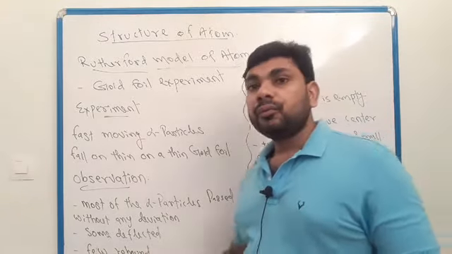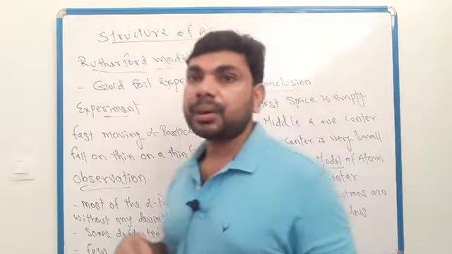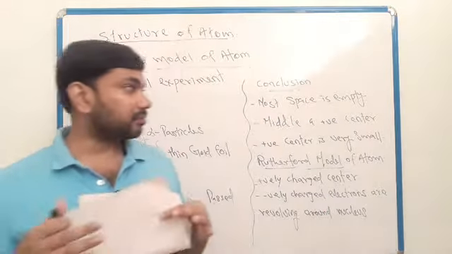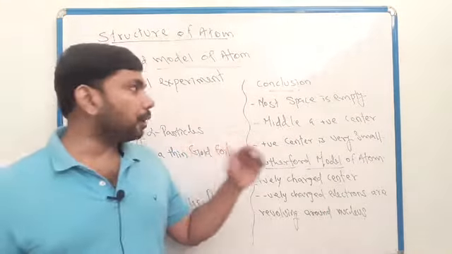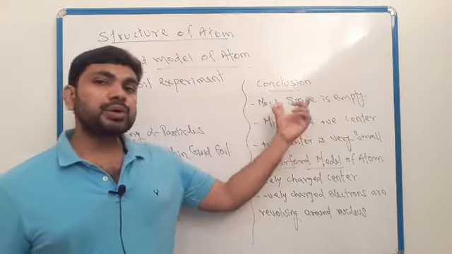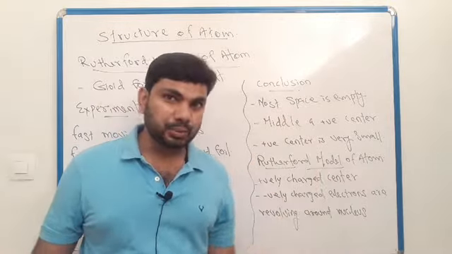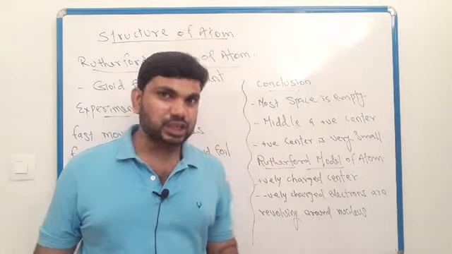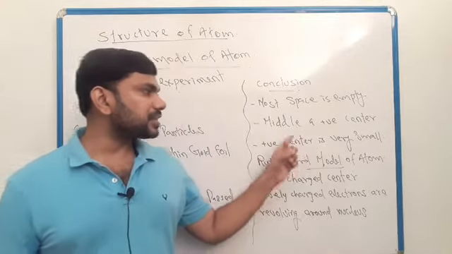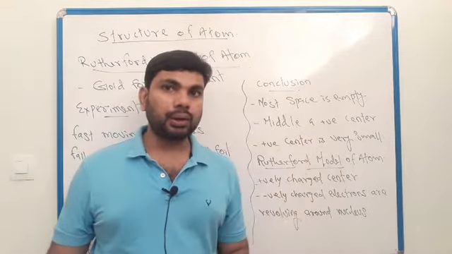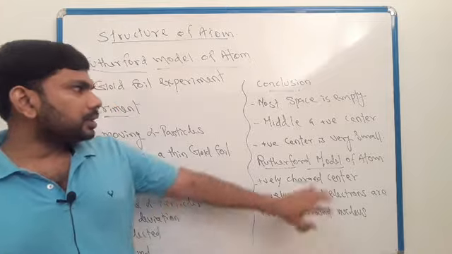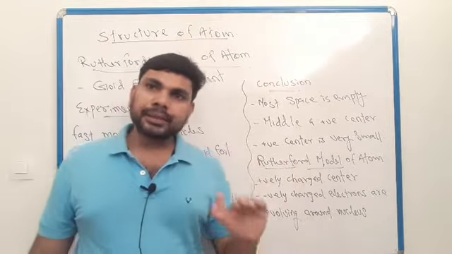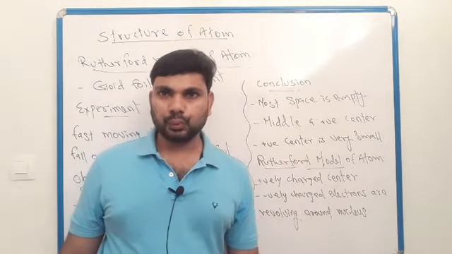Third, very few alpha particles reflected, rebounded. From this, he concluded that most of the space of the atom is empty. Second, in the middle of the atom there is a positive center. Third, the positive center is very small. So this was the experiment, observation and conclusion.